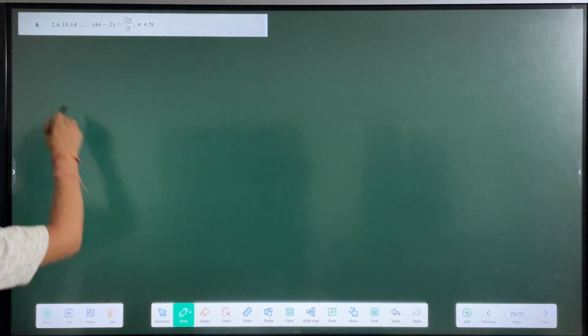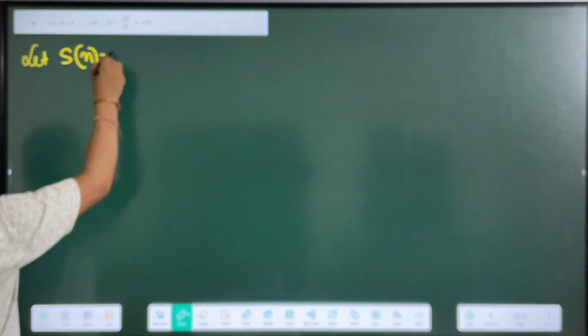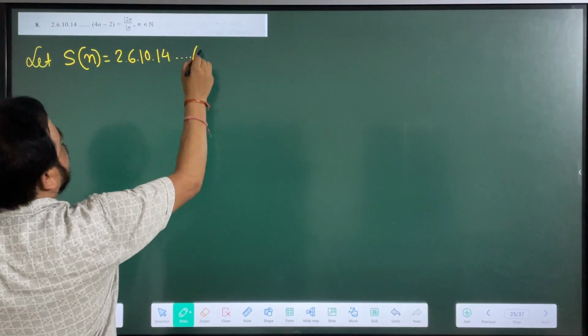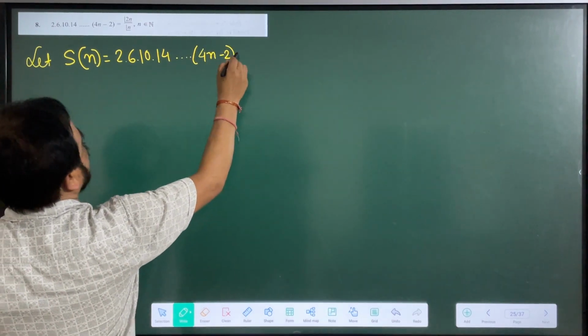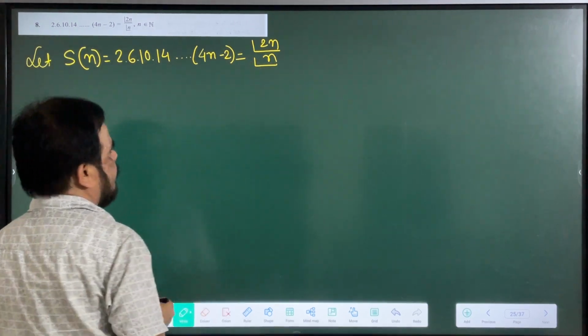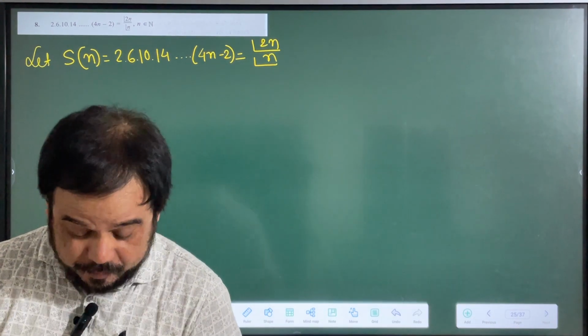Number 8. Let Sn be 2 into 6 into 10 into 14 up to 4n minus 2 equals to factorial 2n by factorial n. This is what is given in the question.